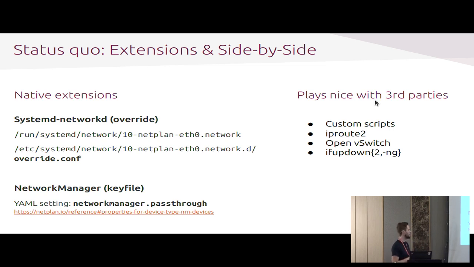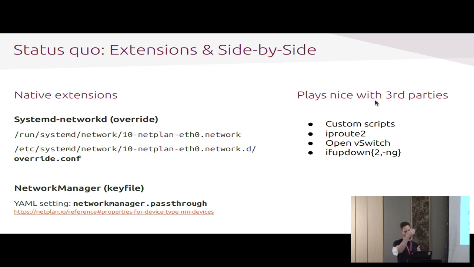A similar means exists for NetworkManager, where we have the NetworkManager passthrough setting as part of the YAML, and that's basically native keyfile settings that you can override during the generation process. Of course, if you make use of these extensions, it will not be cross-compatible anymore. The extensions cannot be translated to either networking backend.